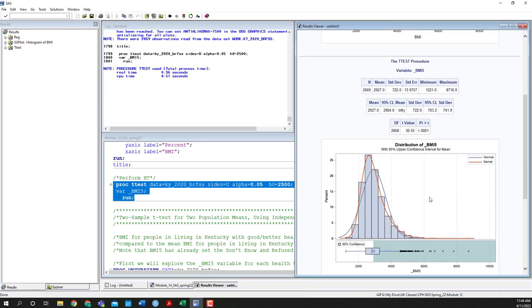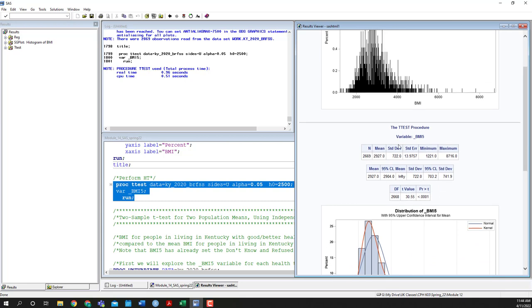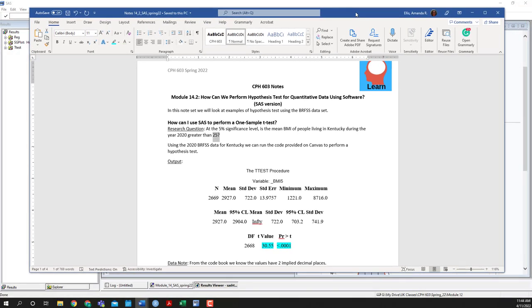Alright, you're going to get a lot of output, but we really just want to focus on these pieces right here. So first, notice that our sample size is 2,669, therefore the central limit theorem is going to apply. And then our actual t-test values are right here. All right, so if we go back to the notes, here I've copied that output.